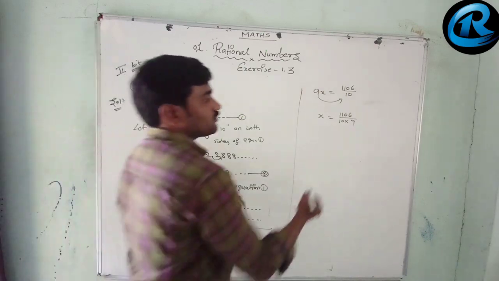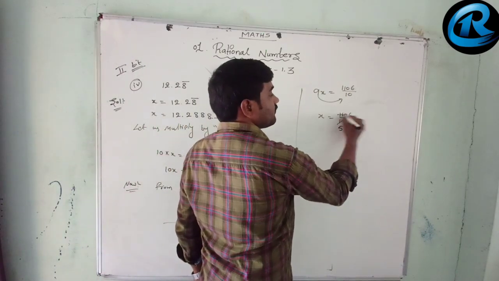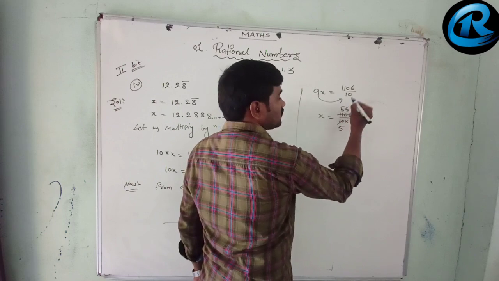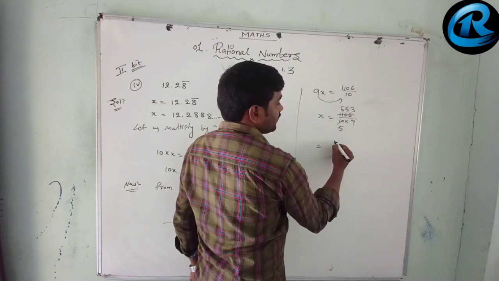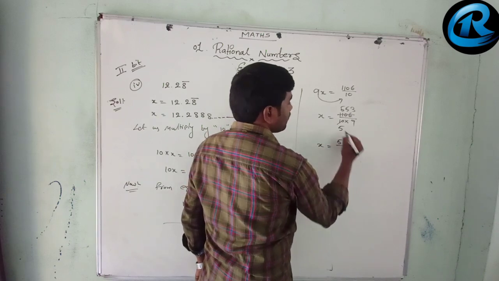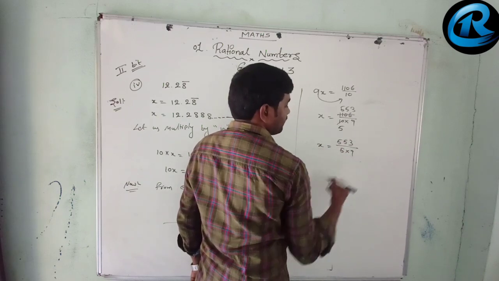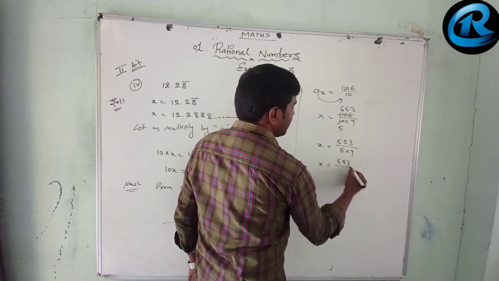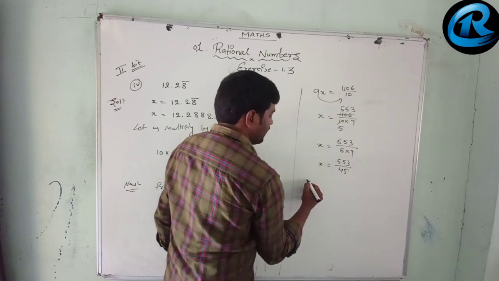So let us cancel by the 2 table. 2 5s are 10, 2 5s are 10, 1 left, again 2 5s are 10 and 2 3s are 6. Then we get x equals 553 by 5 into 9, so x equals 553 by 5 9s are 45.